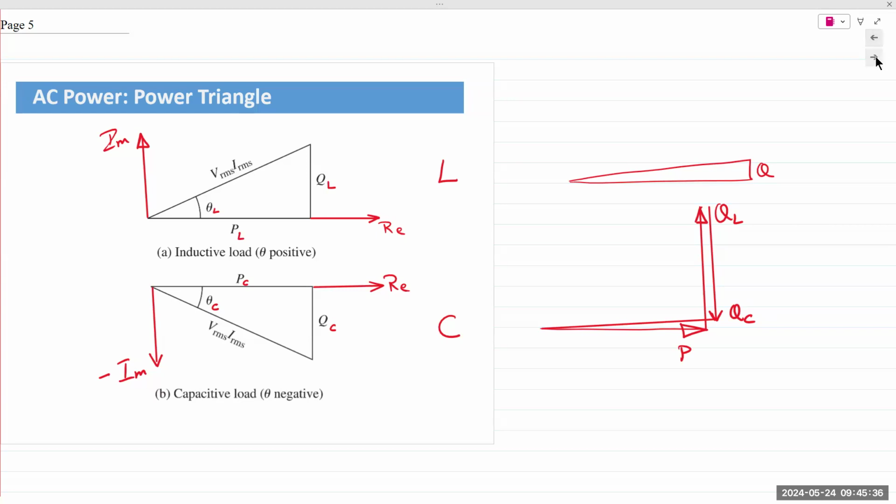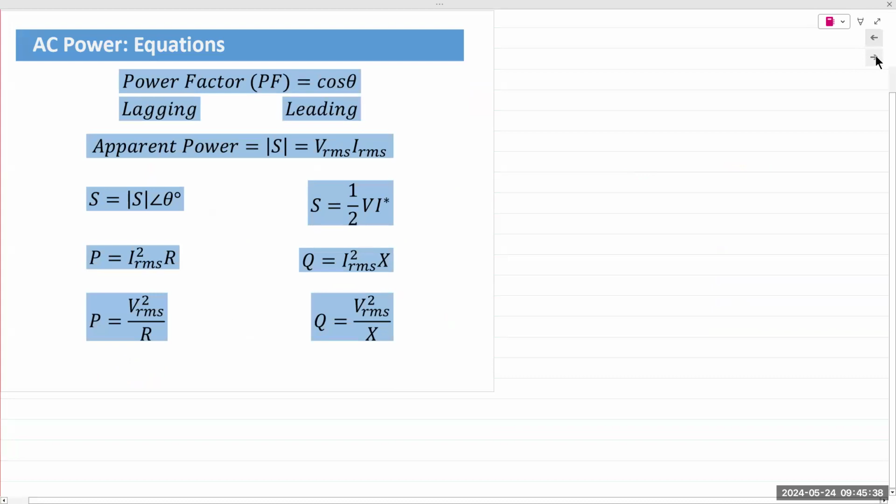So we want that theta to be as small as possible, so that cosine is as high as possible. Okay. If the angle is 0, meaning no Q is required, which would happen at resonance, then it's cos of 0 and your power factor is 1, unity.